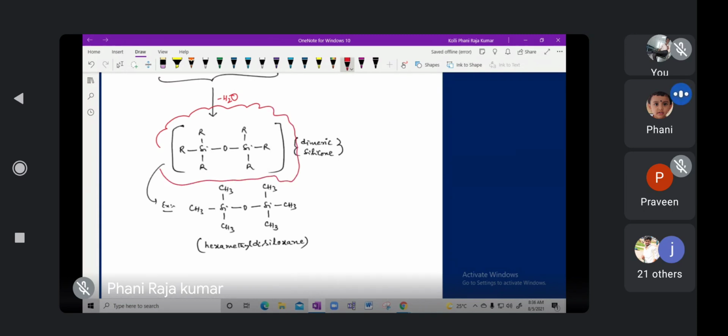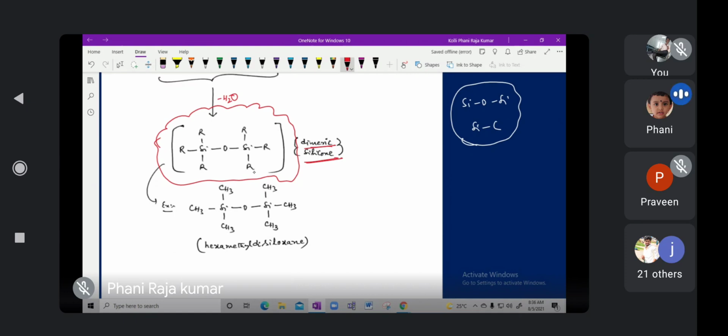Silicones means organosilicon compounds containing SiO and SiC linkages. R is there, so a silicon carbon linkage is there. A silicon oxygen silicon linkage is also there. Because two molecules are linked here, this is called dimeric silicone.